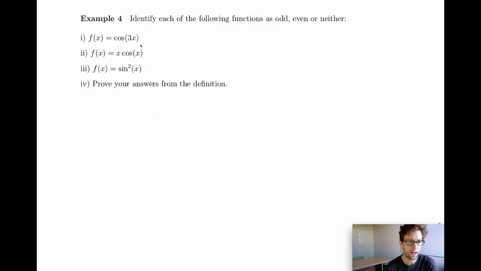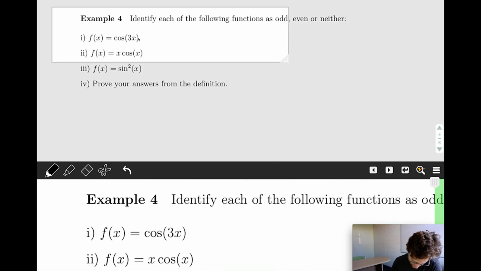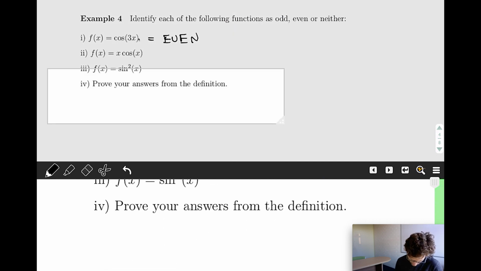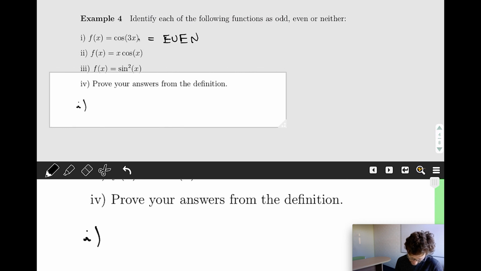So cosine 3x, is this going to be an odd function or an even function? Cosine is even. So that's just an even function. The factor of 3 there doesn't actually affect whether or not this is an even function. Let's check that from the proof, from the actual definition.